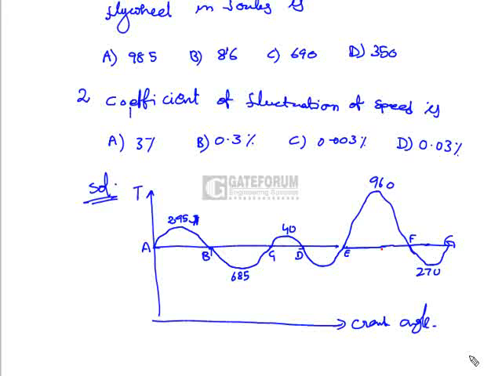This is the given turning moment versus crank angle diagram. From this we can find the maximum energy stored in the flywheel as well as the minimum energy stored in the flywheel.